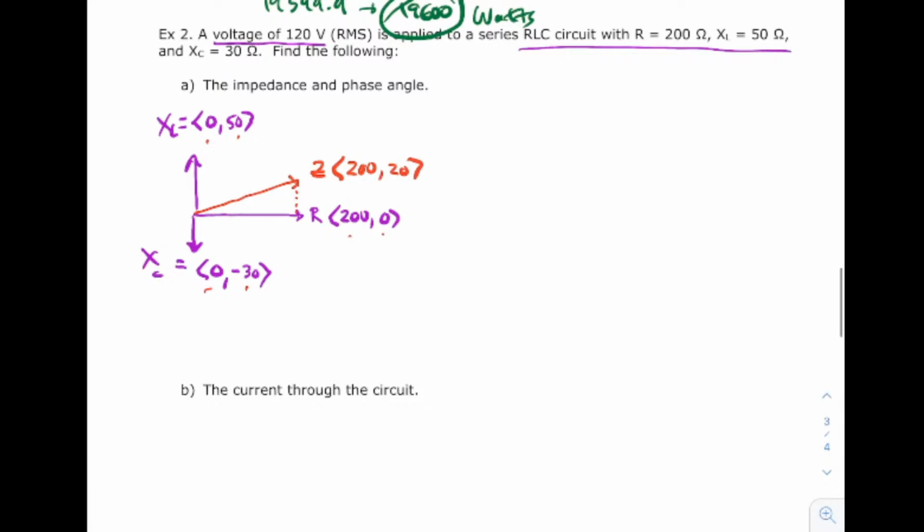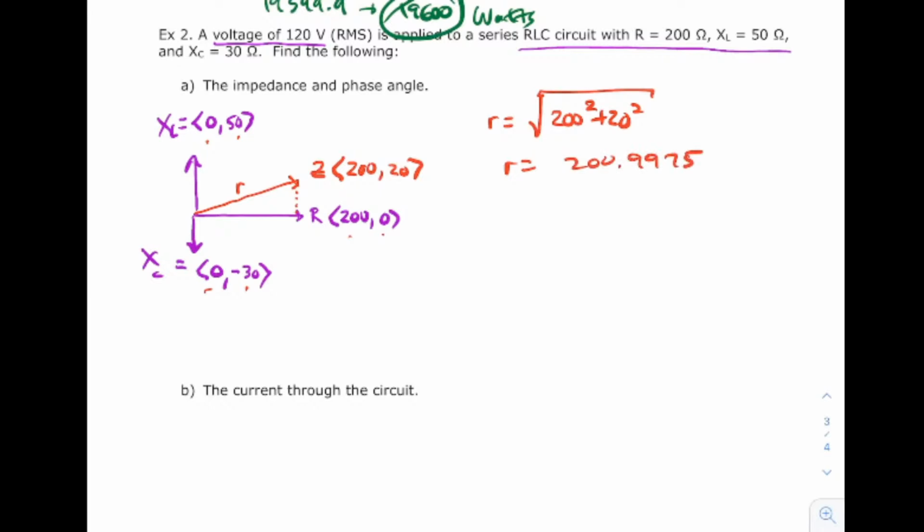The length of that impedance vector, which is a little r, not to be confused with big R, is the square root of 200 squared plus 20 squared. My calculator's telling me 200.9975.